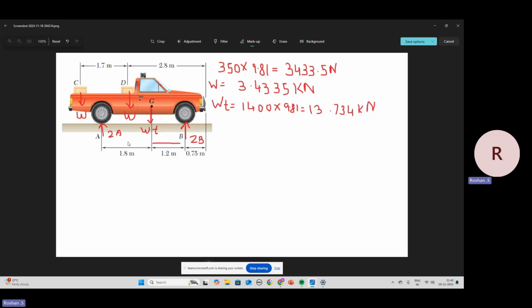The force 2A is having a distance of 1.8 plus 1.2, that will be 3 meters.